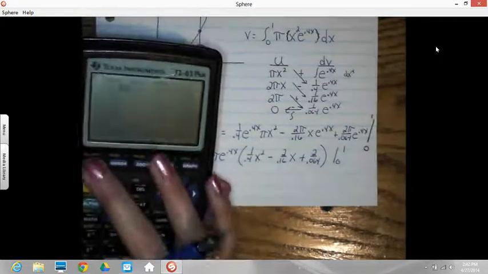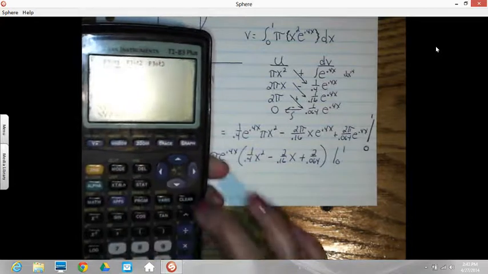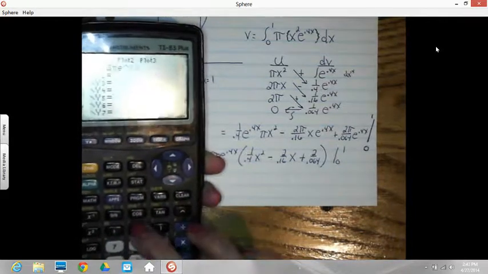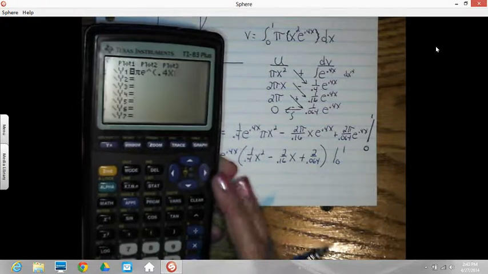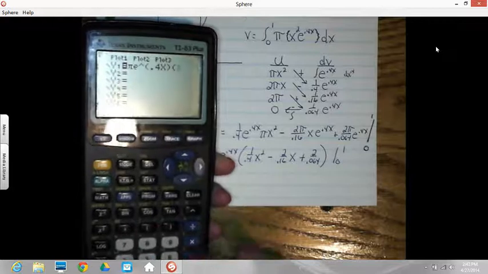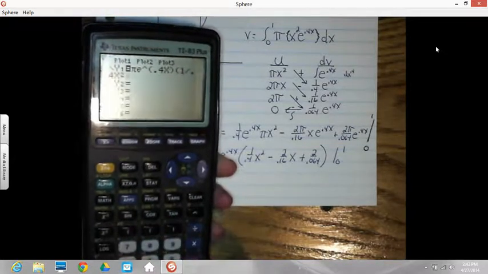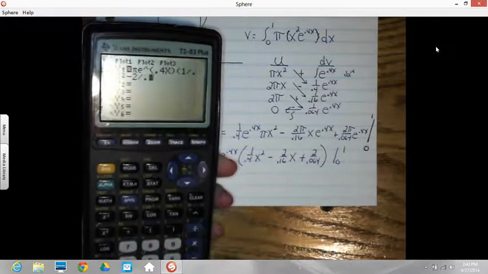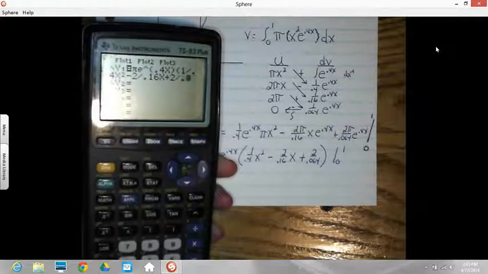So y equals pi e raised to the 0.4x. Don't forget parentheses around that exponent if your calculator's like mine. And then times 1 divided by 0.4 x squared minus 2 divided by 0.16 x plus 2 divided by 0.064.